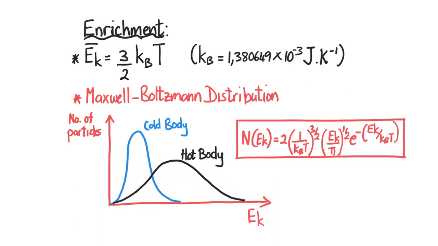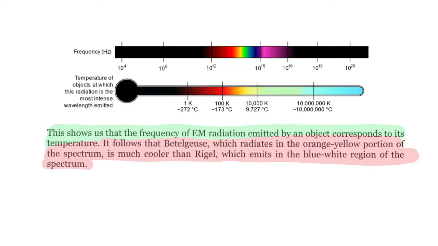And so if you go further with your studies in physics and you go and you study statistical physics in second and third year physics at university, then you will come across this relationship. So this shows us that the frequency of electromagnetic radiation emitted by an object corresponds to its temperature.